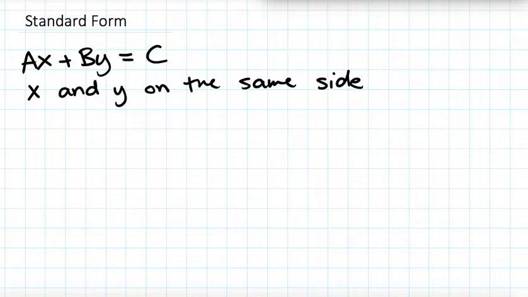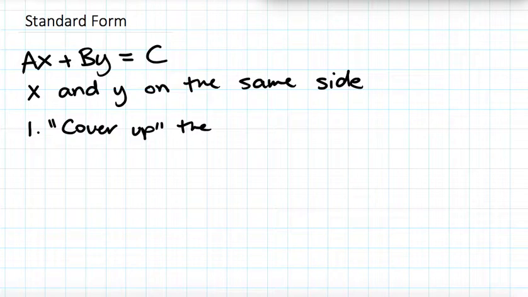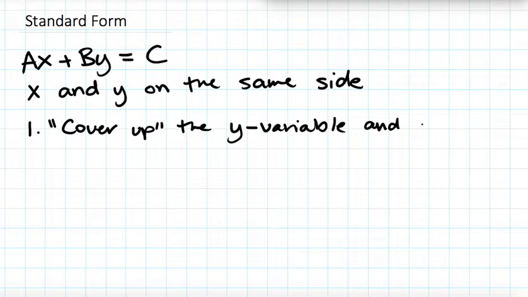So our method for graphing linear equations when they're in standard form, I like to call the cover-up method. So you're going to cover up the y variable and the number in front of it and solve the remaining equation for x.